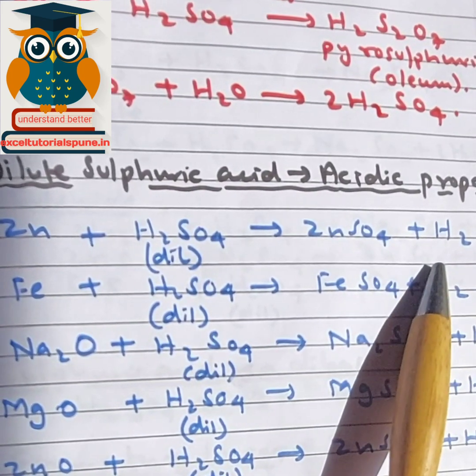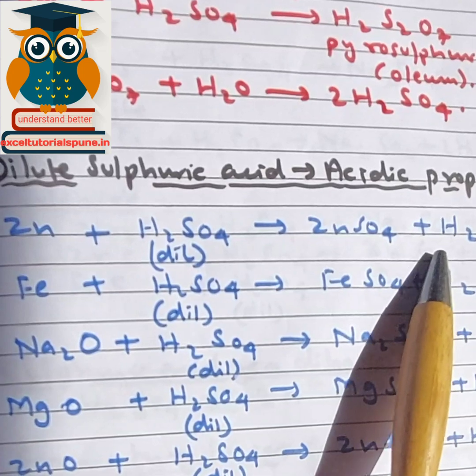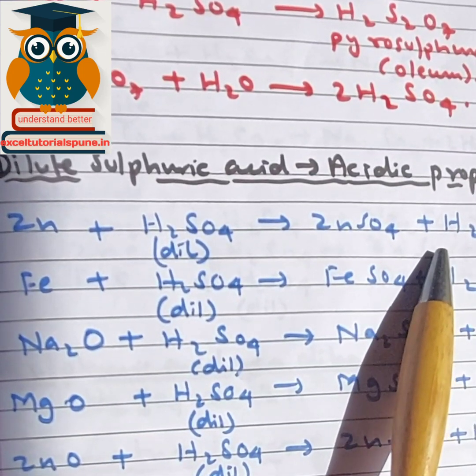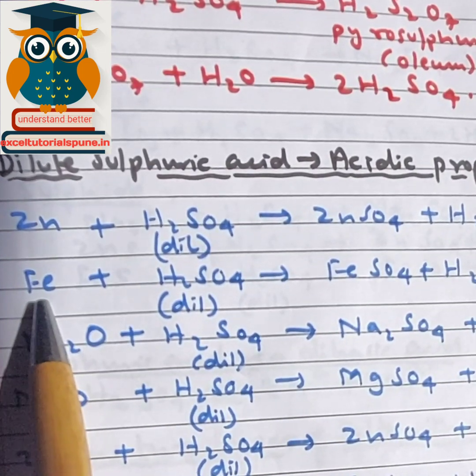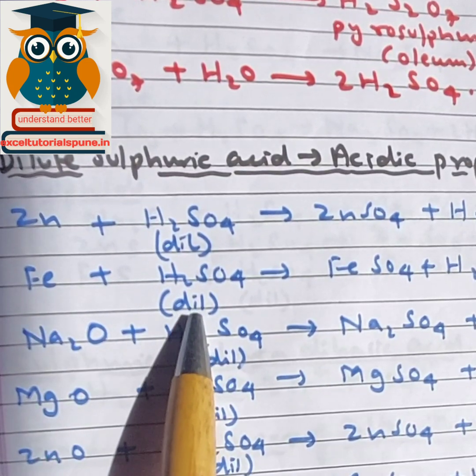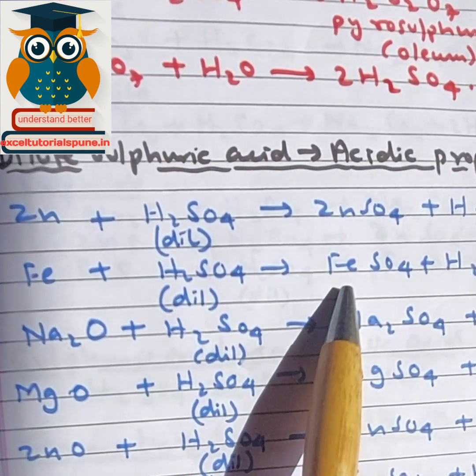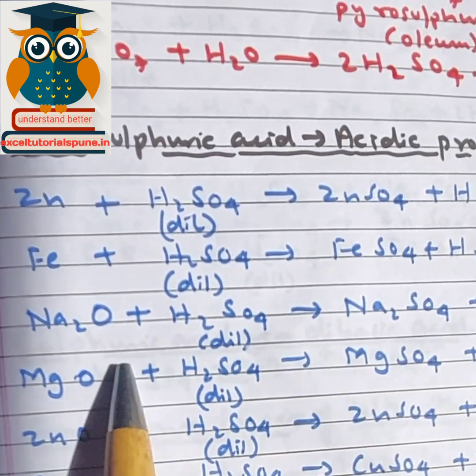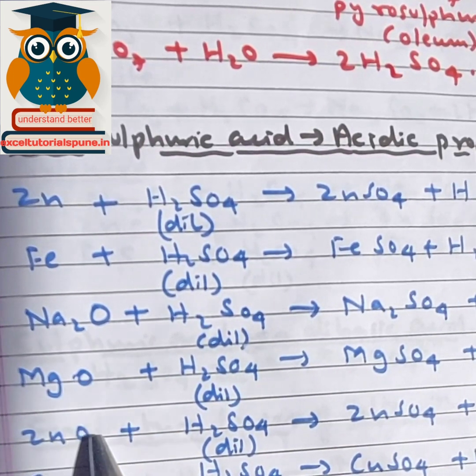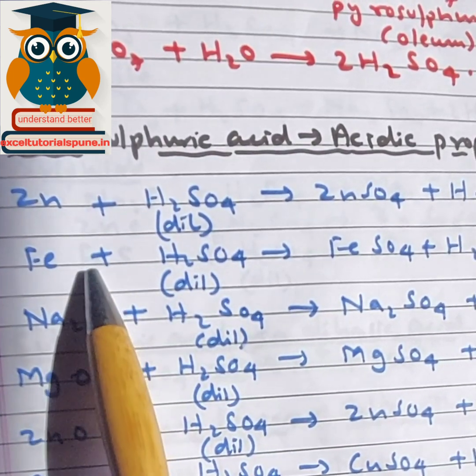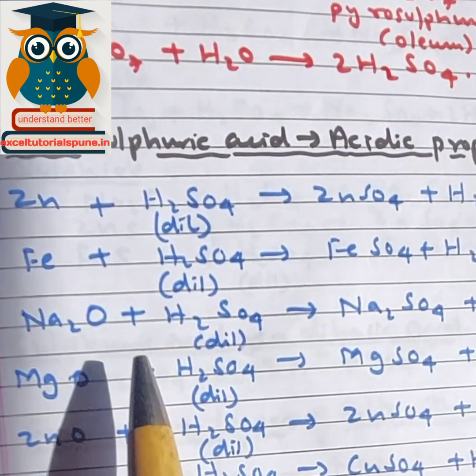Now you must know how to identify hydrogen gas. It burns in the air with a pop sound. In the same way, iron plus dilute sulfuric acid gives you iron sulfate plus hydrogen. These are all active metals.